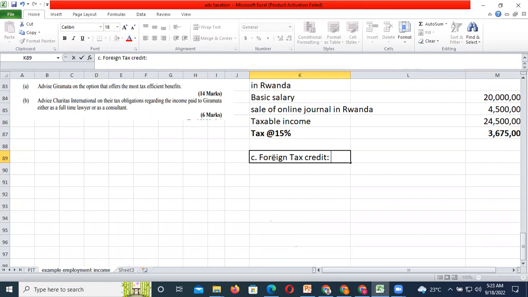Now, remember that the income generated outside is already taxed outside. So the foreign tax credit is that if a Rwandan taxpayer earns an income outside and that income is already taxed, that taxpayer will be allowed to reduce the tax which has already been paid outside. That's the foreign tax credit.